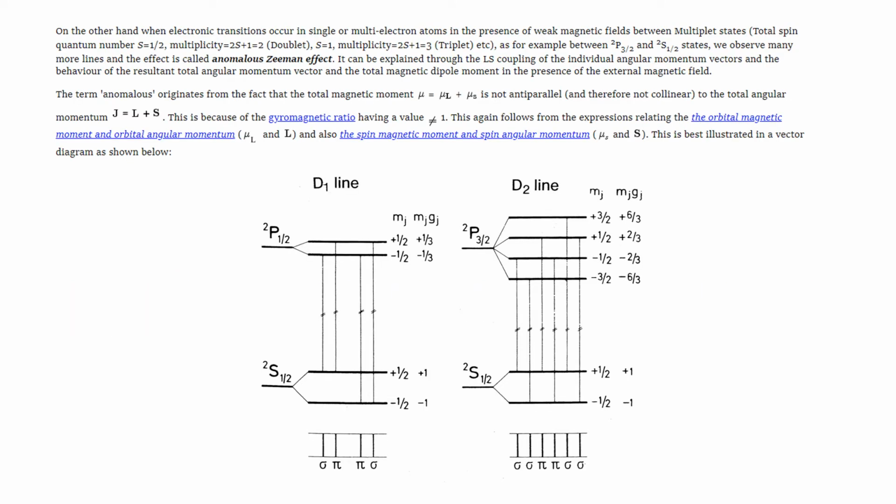On the other hand, when we talk about the anomalous Zeeman effect, we must take care of other transitions. Other transitions occur in single or multi-electron atoms between other states.